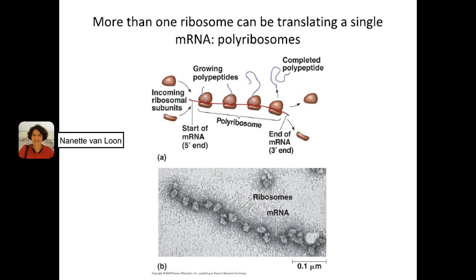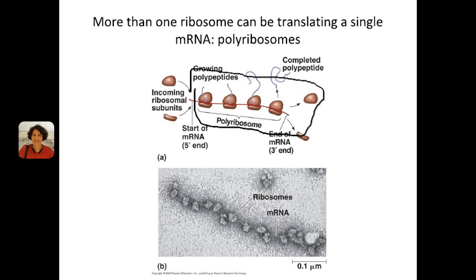The same messenger RNA can be simultaneously translated by several ribosomes at the same time. Then you form a structure called a polyribosome. And we see that here the messenger RNA is shown in red, and you see 4 ribosomes that are busy translating that messenger RNA, and they're starting on the left side and going to the right side.